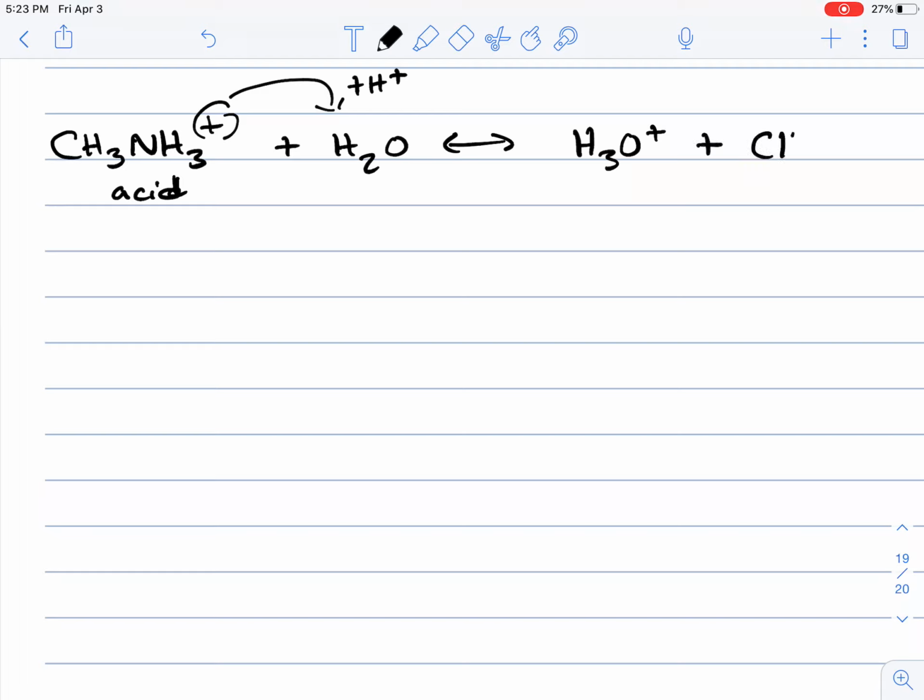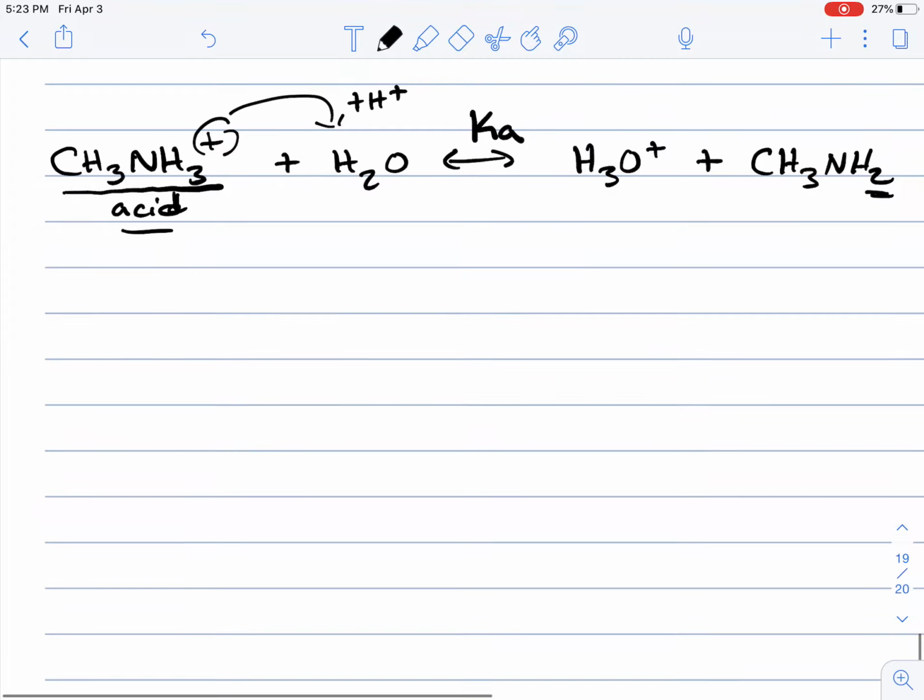And the result of that is methylamine. So we reduce the number of hydrogens from 3 to 2. And so since this is describing the ionization of an acid, the forward reaction must be in terms of Ka.